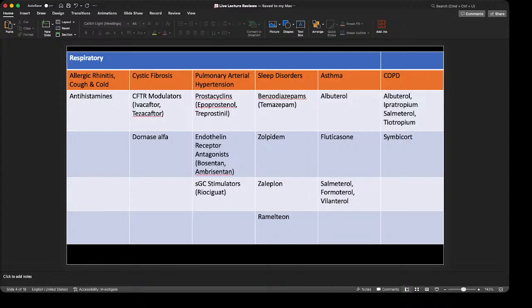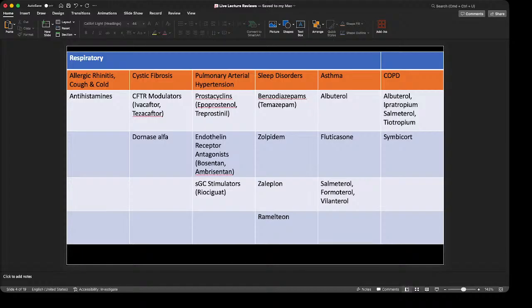Just keep those in mind. A lot of times when it comes to COPD, you've got to add a corticosteroid, which is going to help with the inflammation. Albuterol by itself is typically used as a rescue inhaler.